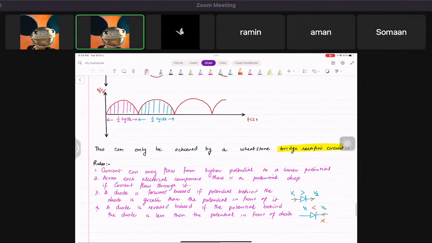Can't draw that diagram again and again. Okay. Done, everybody? Should we go forward then?